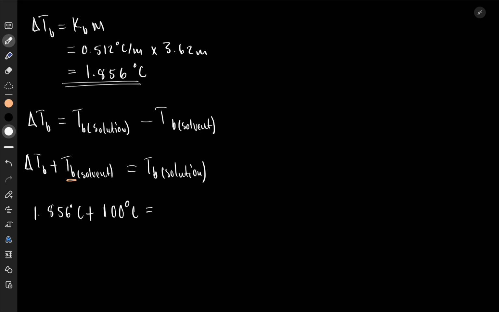We'll end up having the boiling temperature of the solution, which would be 101.86 degrees Celsius. And this is our solution.